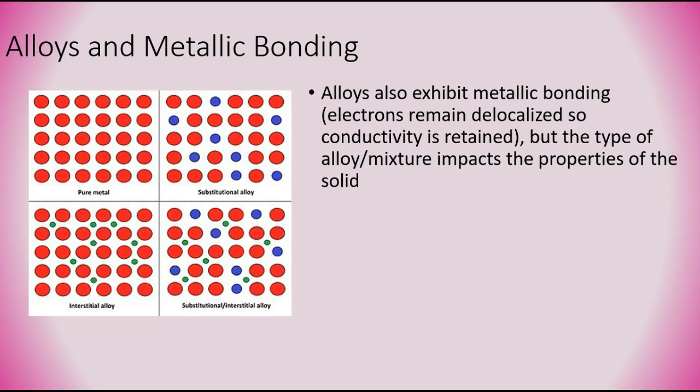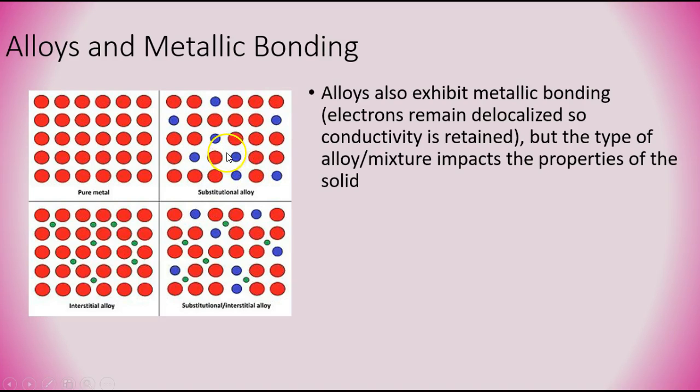So just to show you some vocabulary regarding alloys. Obviously there's pure metal, where all the atoms are identical. Then we've got a substitutional alloy. If you look at the picture, instead of every atom being a particular metal atom, you have substituted in, taking the place of.